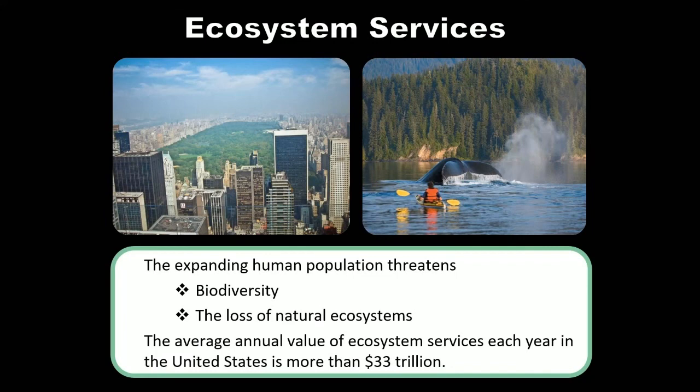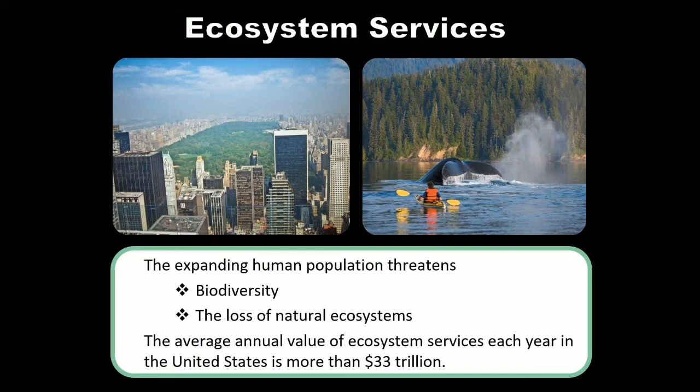I'm talking about real economic value that is tied up inside of our natural resources and inside of these healthy functioning ecosystems. So here at the bottom, you read this statistic, the average annual value, not just what's stored there, the average annual value of ecosystem services each year in the United States is more than $33 trillion.